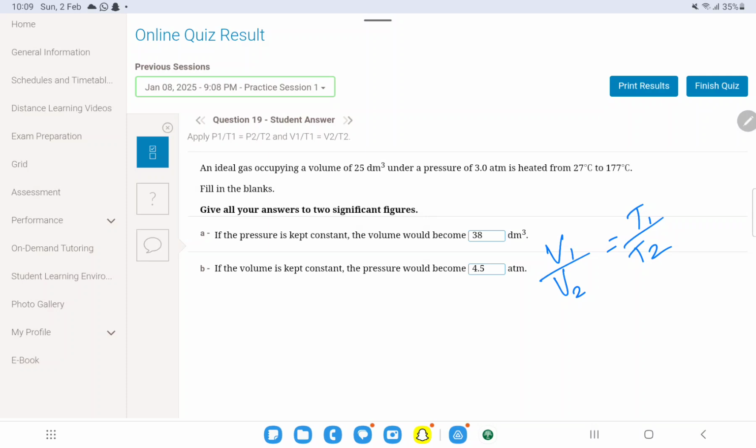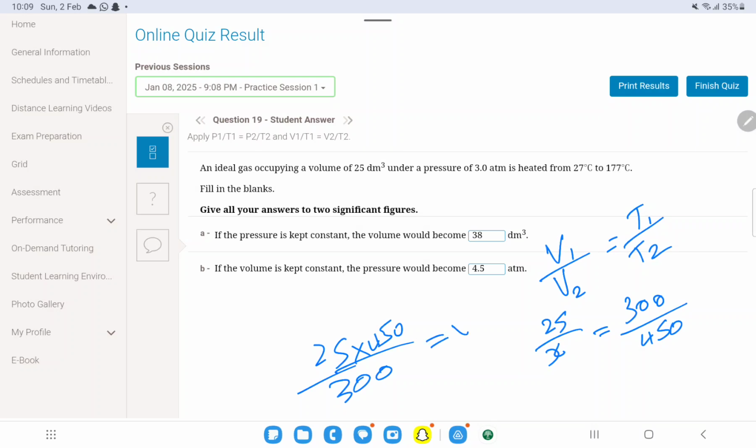T1 is 27 plus 273, which is 300, over 450 for T2 equals V1, 25, over x, so 25 times 450 over 300 equals V2. You put it in your calculator, you get 37.5. Two significant figures, 38.